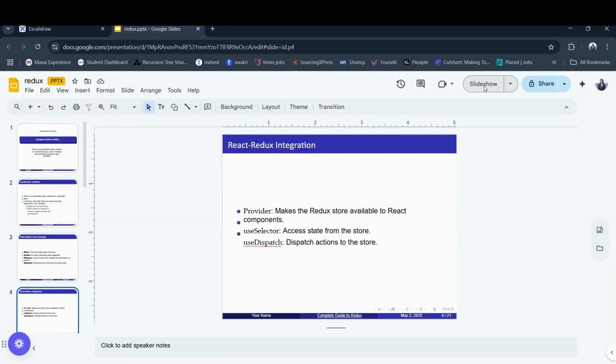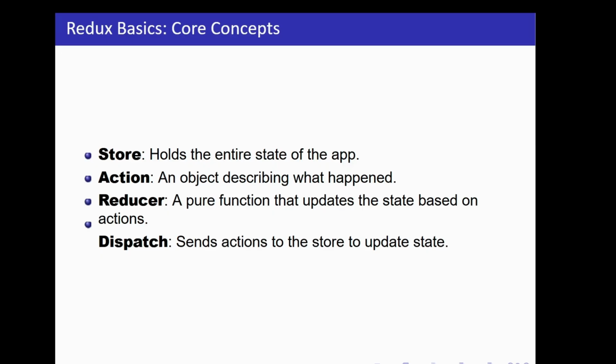Now let's move back to the slides. Here are the four key building blocks you must know about Redux. As I just told you, the first one is the store. It holds the entire state of the app in one place. The action is a plain JavaScript object that describes what happened, like watching, listening, speaking, or in a real world coding example, increment, login user, such types of actions.